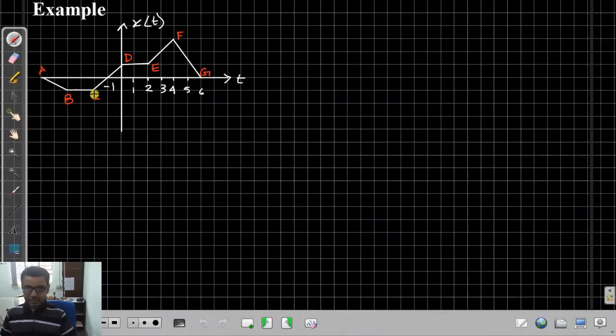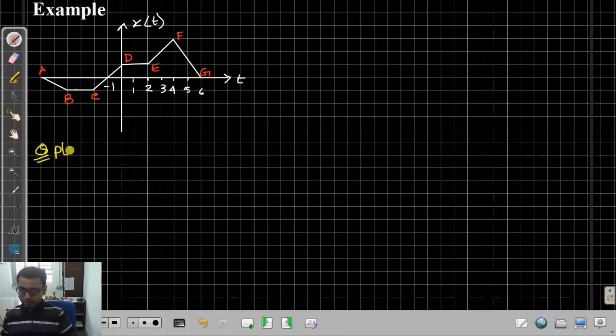So here is the example. Some arbitrary graph x(t) is given to us, which is piecewise linear, only for the simplicity of demonstration. In general, it can be any smooth, continuous or any arbitrary curve.